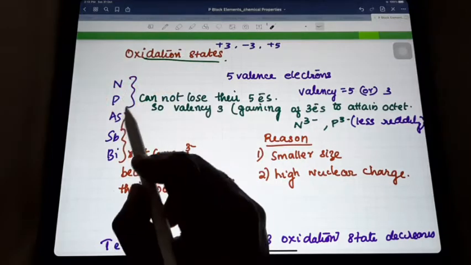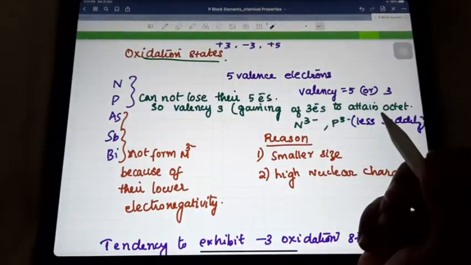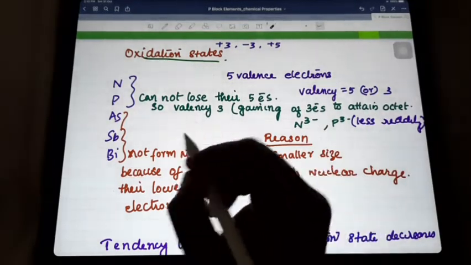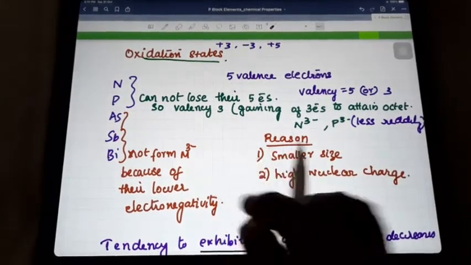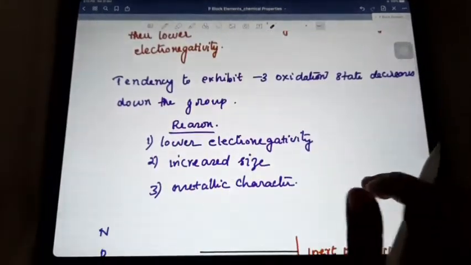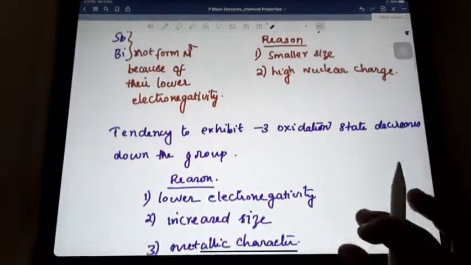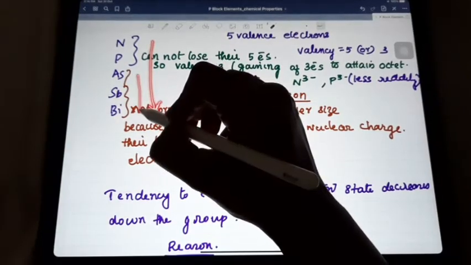Okay, then what about these 3? They are not readily accepting the 3 electrons. That's why they are not forming the -3 oxidation state. There are reasons. Why? Because these members have lower electronegativity. When going down the group, the size increases.